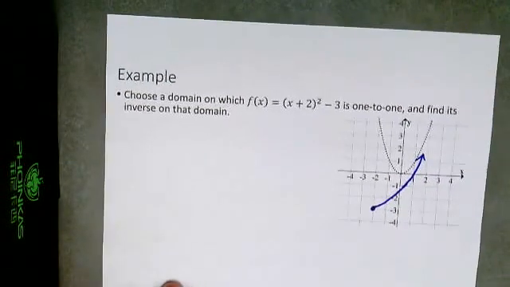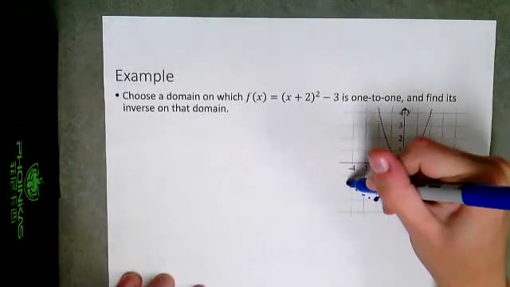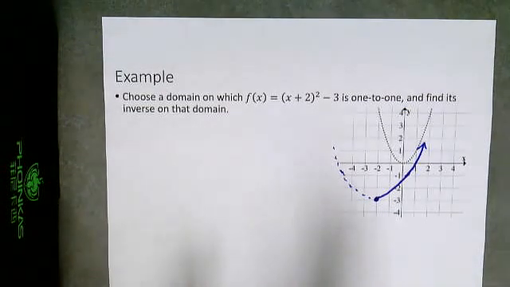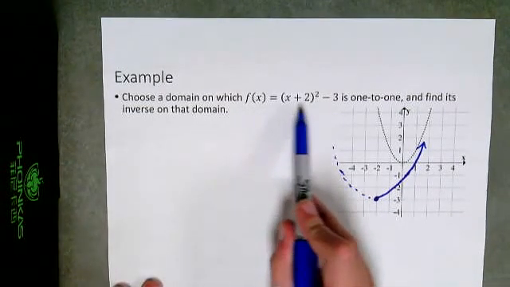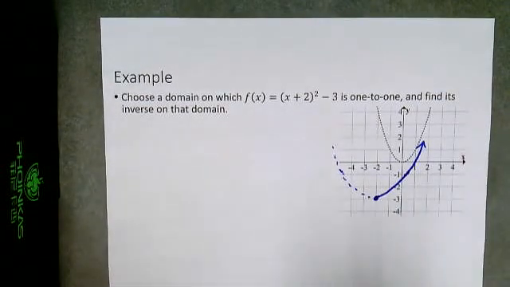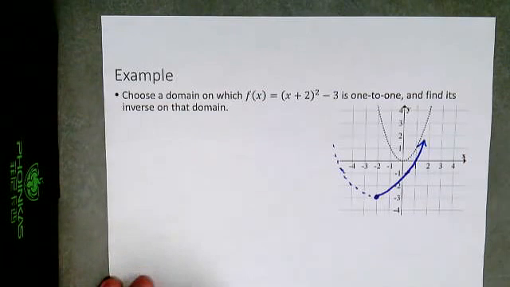It goes up like that. So let's do the same idea. We want to choose a domain on which f of x, this function, is 1 to 1 and find its inverse on that domain. Clearly, if we use the whole parabola, we're not going to have an inverse, so let's chop it off and use the positive side, like in the last example.